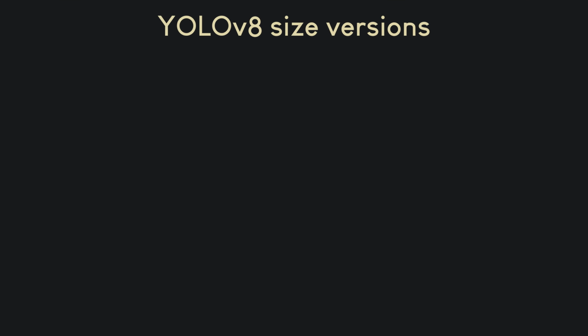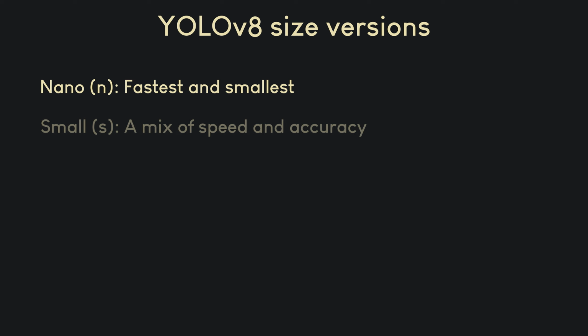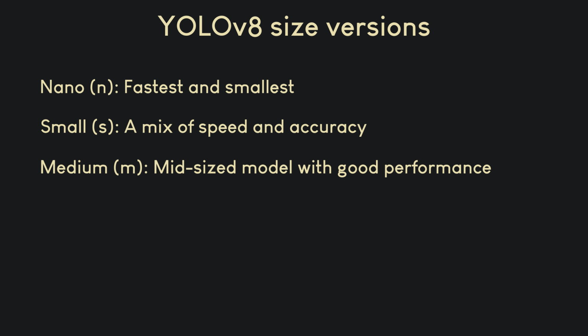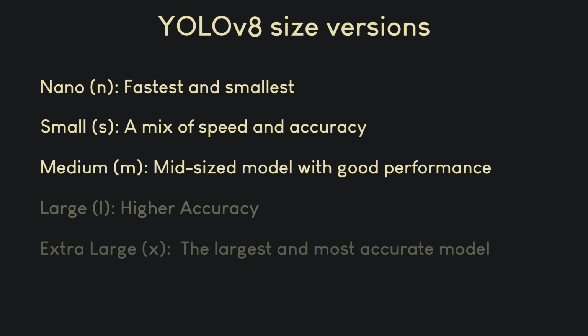YoloV8 has several versions, each balancing speed and accuracy differently. The Nano is the fastest and smallest, great for quick tasks on limited hardware. The small model is a mix of speed and accuracy. The medium model provides higher accuracy for mid-range systems, and the large and extra-large models provide the best accuracy but need more powerful hardware.